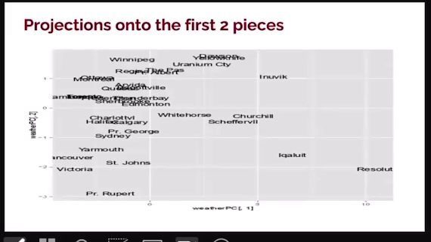In this biplot, we plotted 2 principal components. In a biplot, we can only plot 2 at a time. And what do you see inside the plot? Those are the weather stations in Canada. Those that are close together, like Victoria, Vancouver, are actually experiencing the same weather condition.